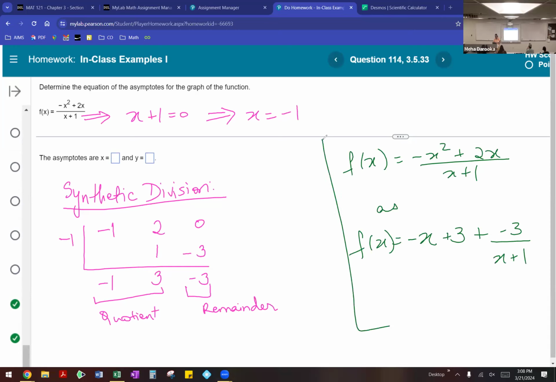So this is the rewriting that they're talking about. So you can rewrite it as quotient plus remainder over the divisor. However, for your asymptotes, oblique asymptote, you're only interested in the quotient.